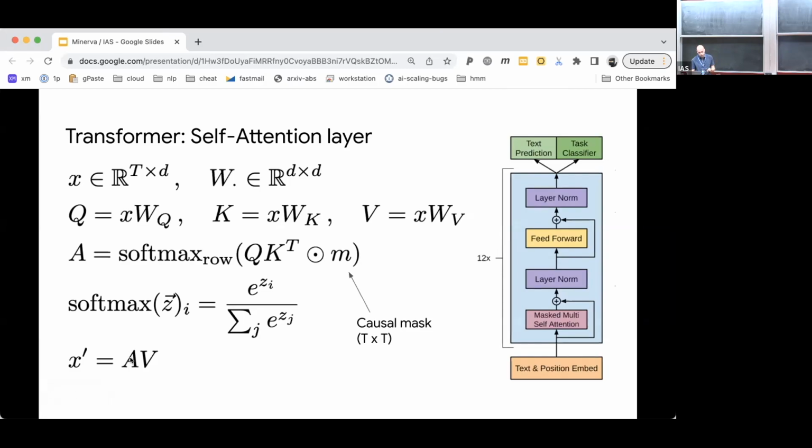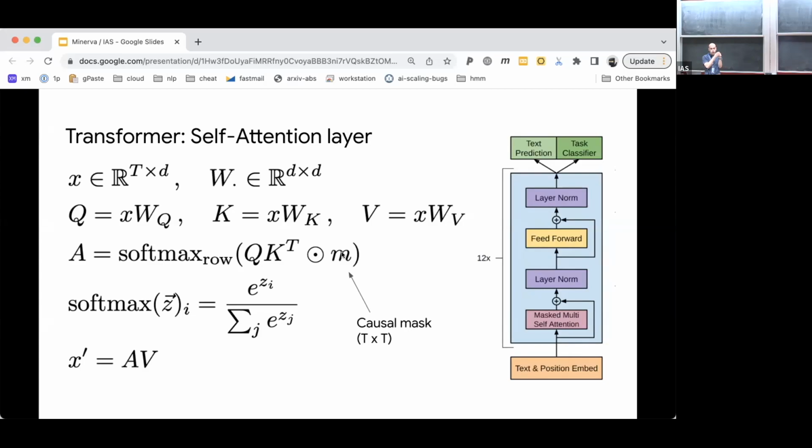And the only wrinkle here is this M. This M is introduced, and this means element by element multiplication between this matrix and the M matrix, which is also T by T. What this M does is it erases all the values that are to the right of the token that we're looking at, so that it sets them to 0, so that every token can only attend to the things that came before.